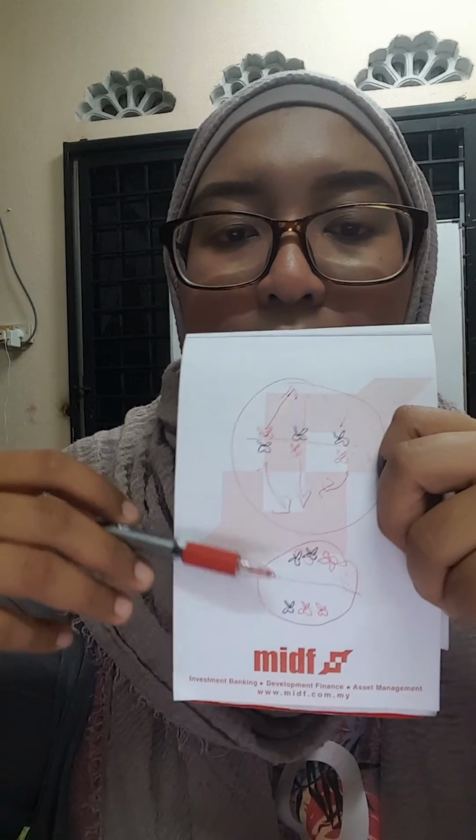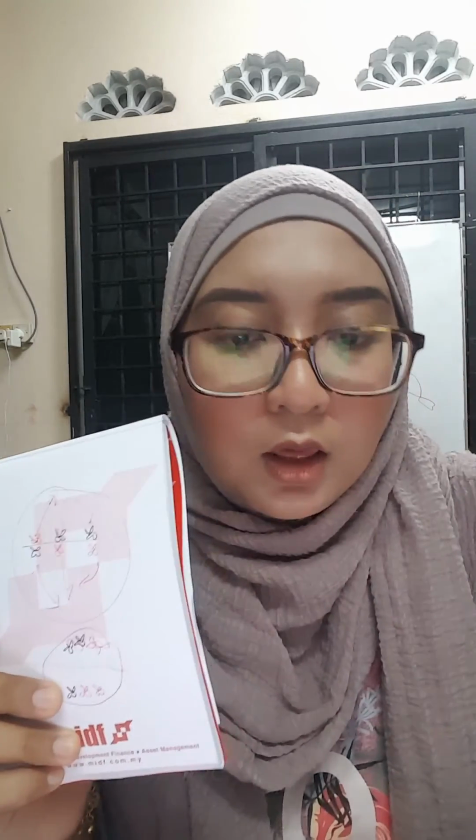Okay, so then proceed to telophase 1 and cytokinesis. So when the homologous chromosomes have been separated, chromosomes will reach the opposite poles and then the nuclear membrane and nucleolus will reappear. Okay, cytokinesis will take place before cells enter meiosis 2.